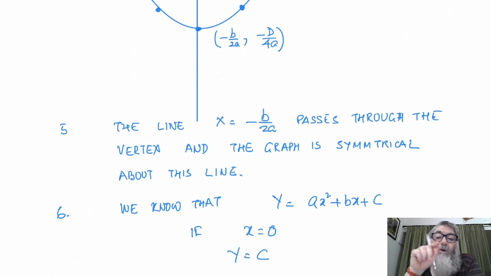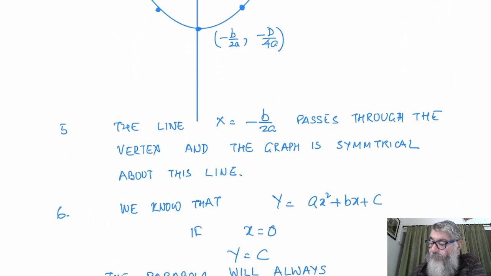The parabola will always cut the y-axis at y is equal to c. If x is equal to 0, then you will get y is equal to c.